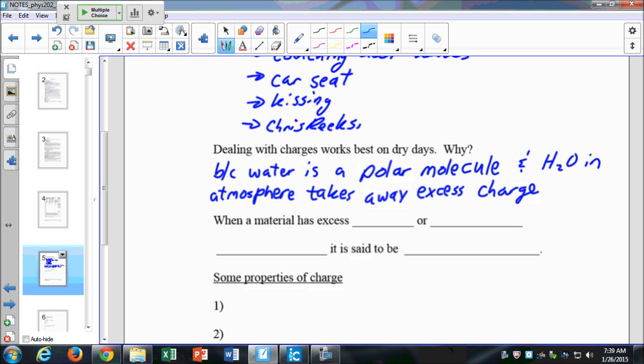All right. When a material has excess positive or negative charges, it is said to be electrically charged.